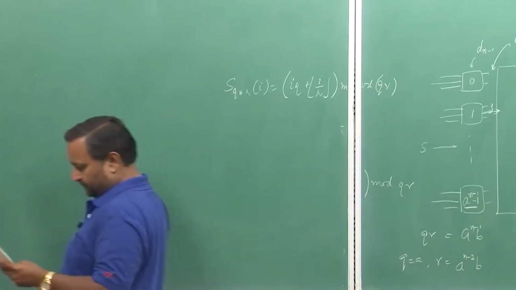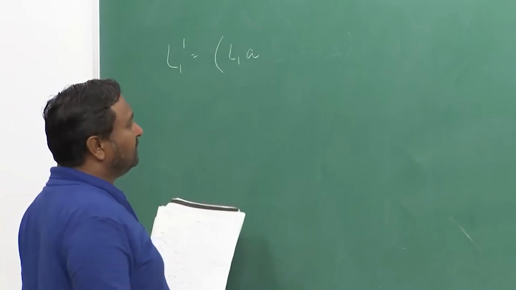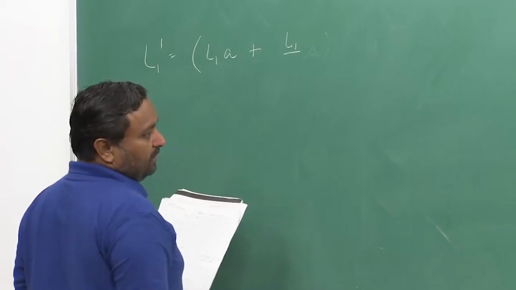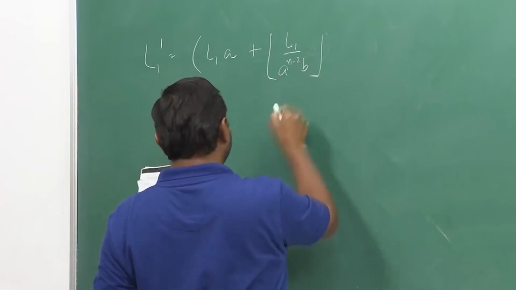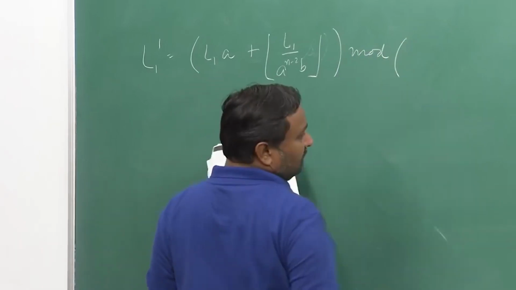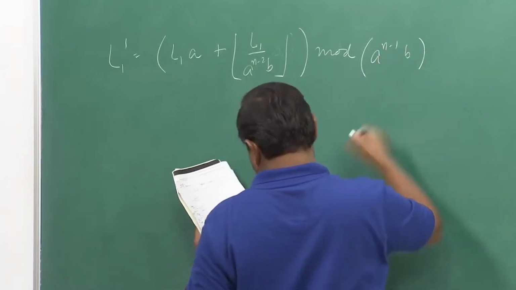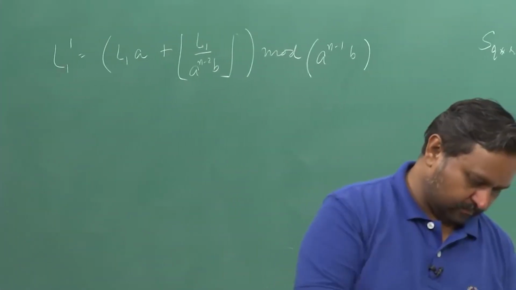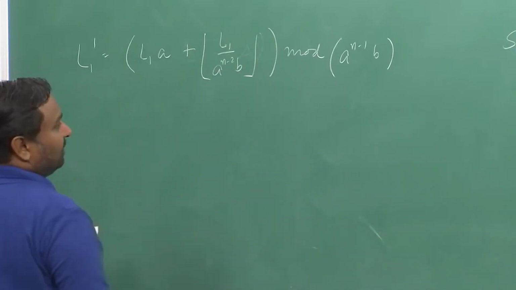I will use this. So, it will become L1 A is A shuffle and I is L1, plus L1 by A n minus 2 B, mod total number of lines, which is A raised power n minus 1 B. So, this is what will be the L1 prime.